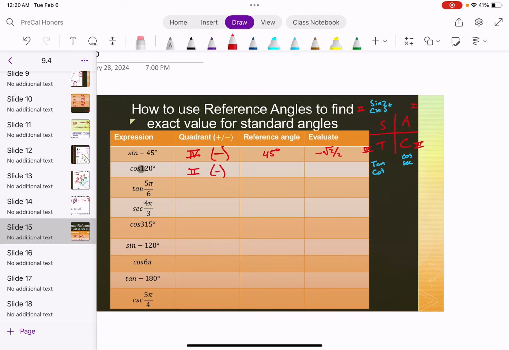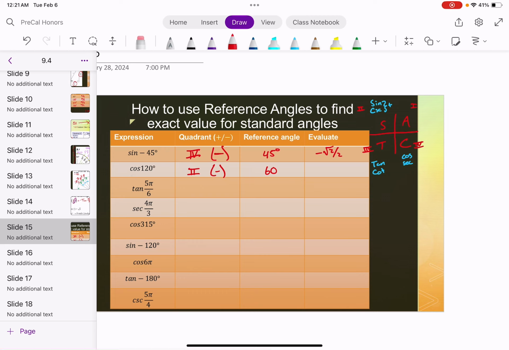So for 120, notice that would come closer to 180. So the distance between 120 and 180 would be a distance of 60. And the same can be done for every single one of these numbers. Notice 5 pi over 6. Closest would be 180, which would be 6 pi over 6.